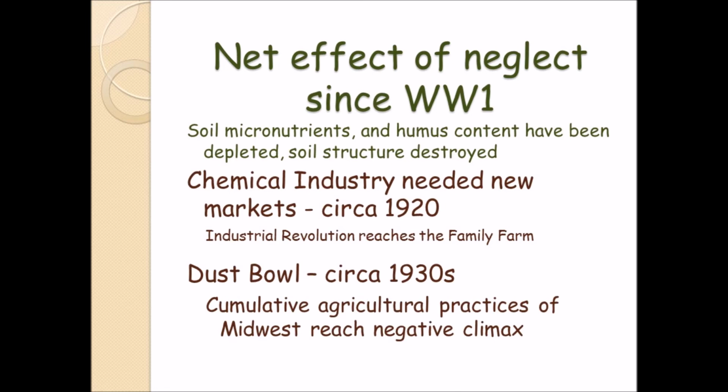And so then those chemicals, they found out that some of them were pretty good fertilizers. And so they started to market them to agriculture, and they were seeing huge rises in production from the use of those chemical fertilizers.